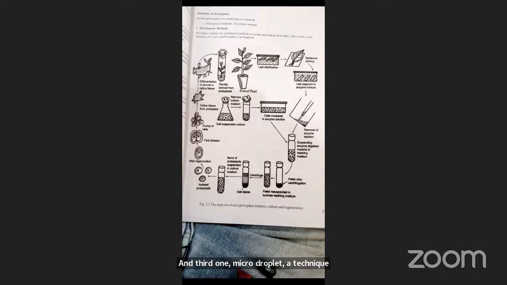In the micro droplet technique, they use caprock dishes with outer and inner chambers. The inner chamber carries several wells wherein individual protoplasts are in droplets of nutrient medium. So these are the different culture medium techniques.